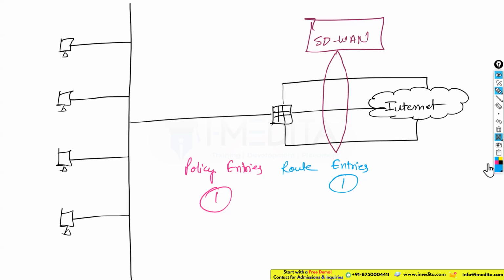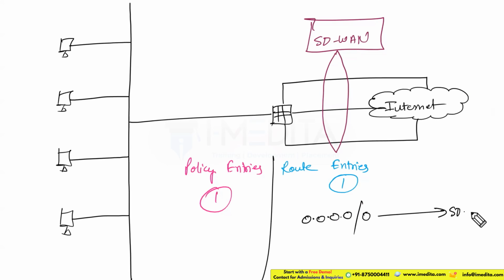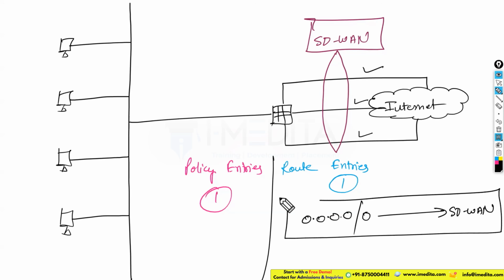Now we will tell the firewall, if you want to go anywhere, then send the packet to the SD-WAN interface. Traffic will go to SD-WAN, then SD-WAN will distribute it over or send the traffic to multiple ISPs. So we need to configure only one route.